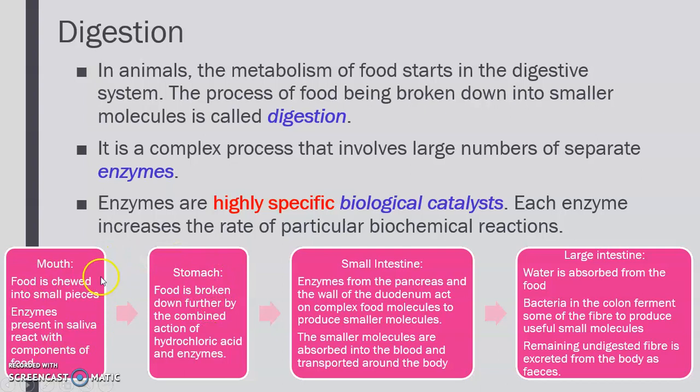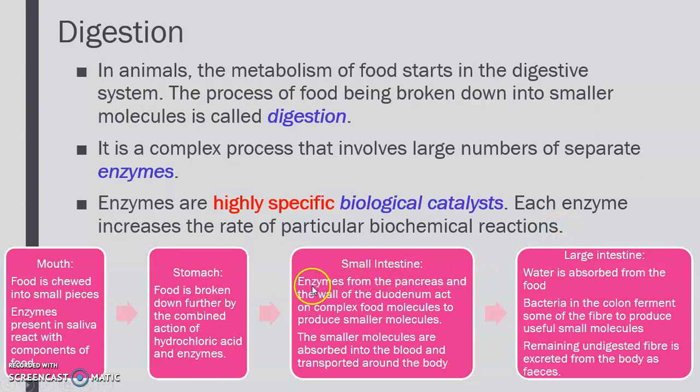Then your food is swallowed into your stomach and it's broken down by a combined action of hydrochloric acid and enzymes, right? There are enzymes working in our stomach whose optimal working pH range is the pH of our stomach, which is between 1 and 2, right?